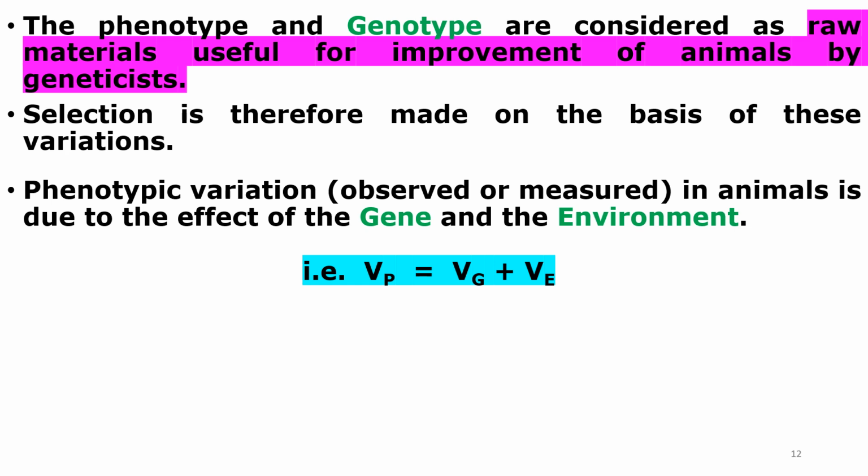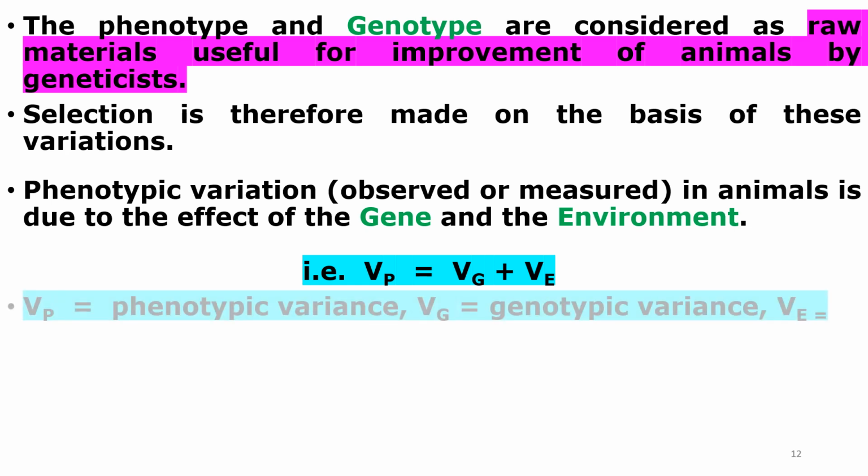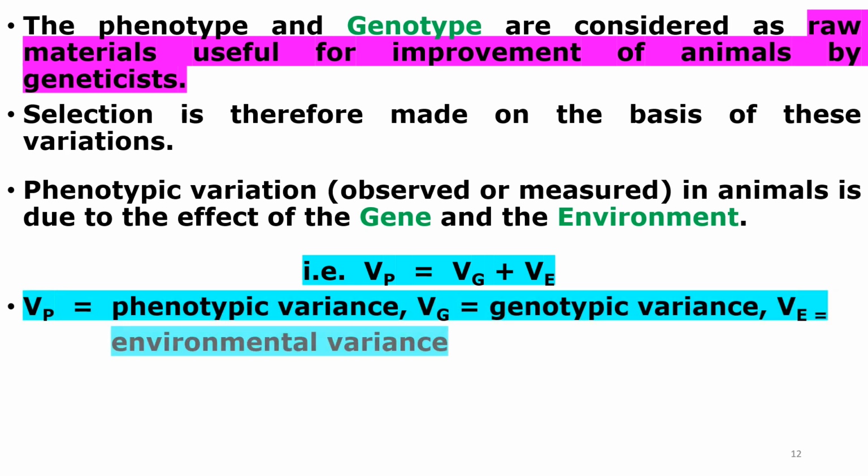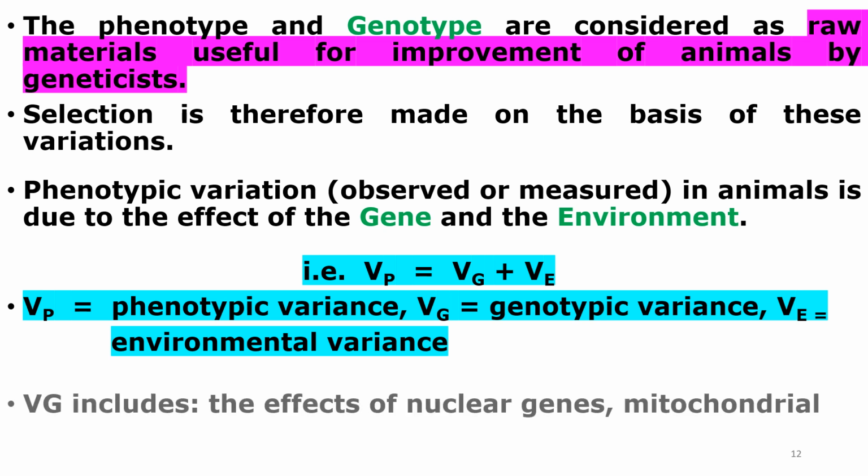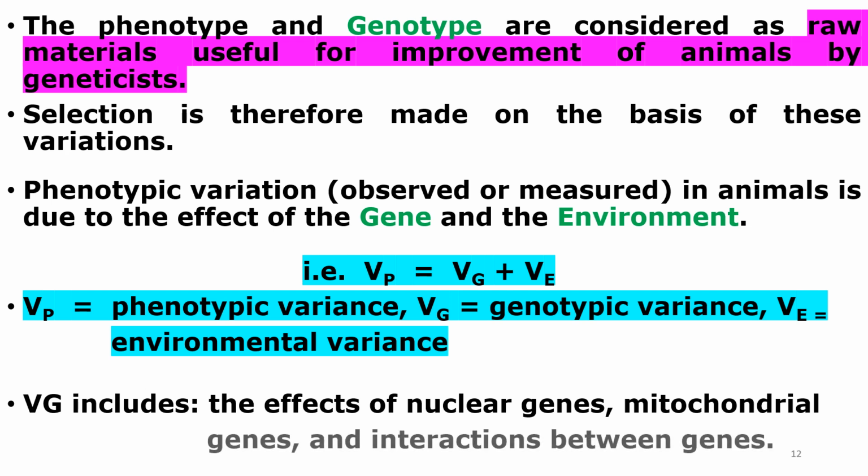And this is presented by this expression: phenotypic variance equals variance due to the gene or genotype plus variance due to the environment. So this is the definition of the parameters.